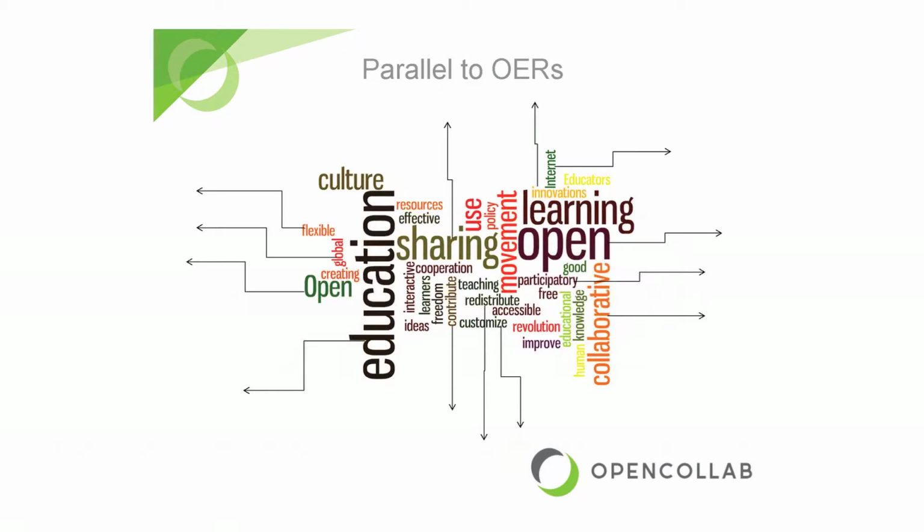Open educational resources really focuses on saying academia will give their resources for everybody else to use for free. And if you use it for free, they encourage you to take that resource and improve it so that it'll work for you, and you can then present it on again and give it back again for free.